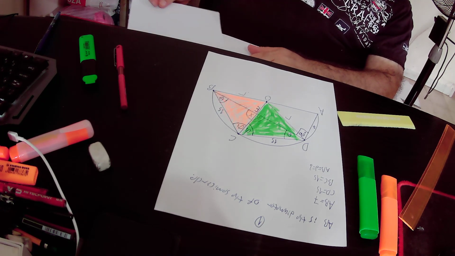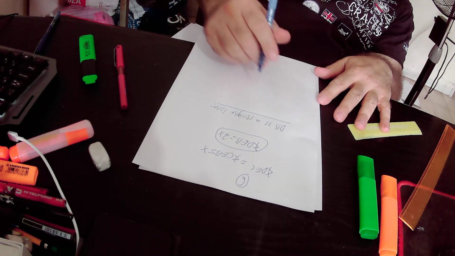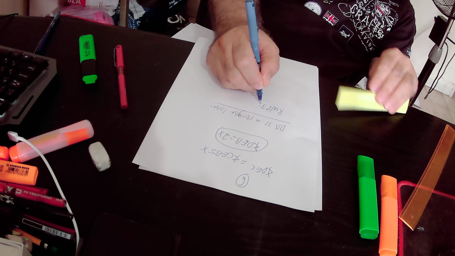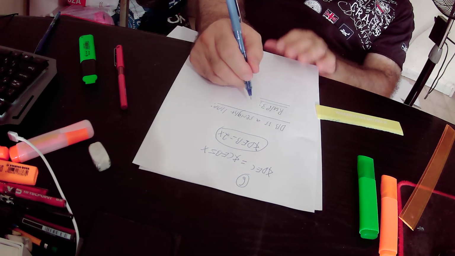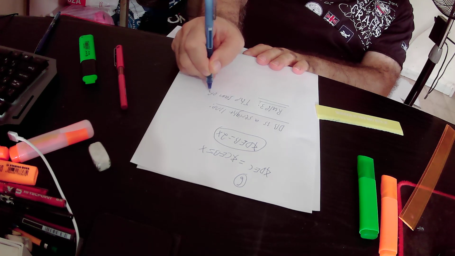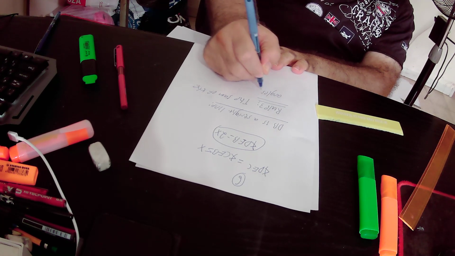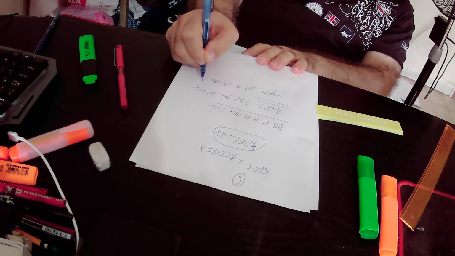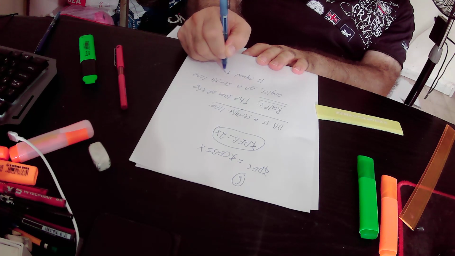And we have rule number 3 that states that the sum of the angles on a straight line is equal to 180 degrees.